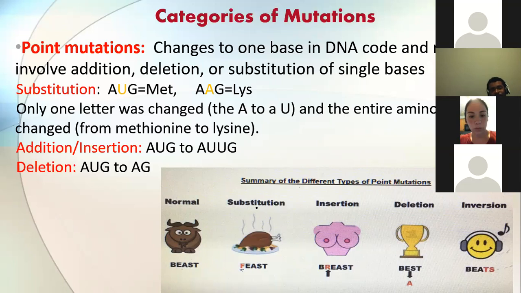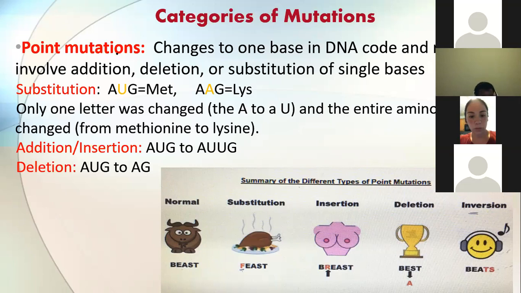One base pair could be substituted with another, a new base pair can be inserted, one base pair can be deleted, or they can change position, meaning inversion can happen inside the cell. All these are reasons for mutation.